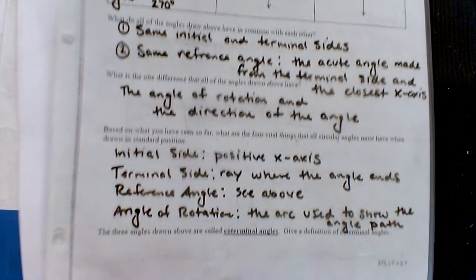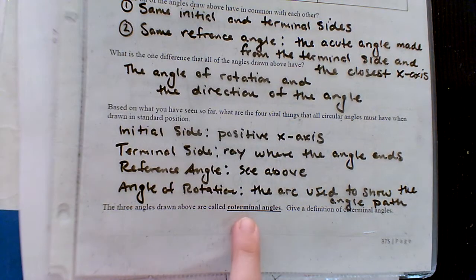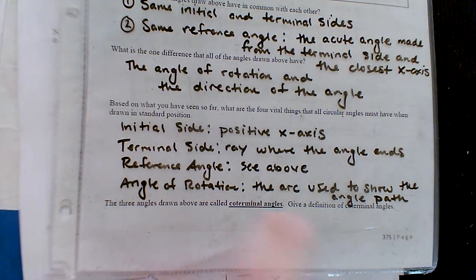Okay. Last but not least, one more term here to go over. All of these angles are called coterminal angles. What do you think that word coterminal might mean? Think about the word itself. Co might mean something, terminal means something.